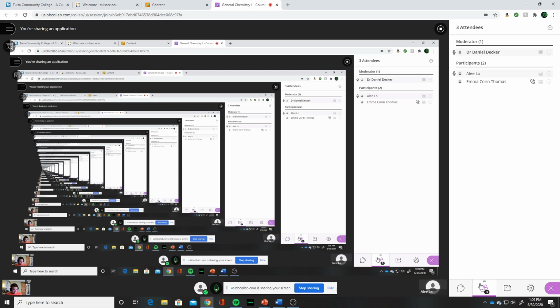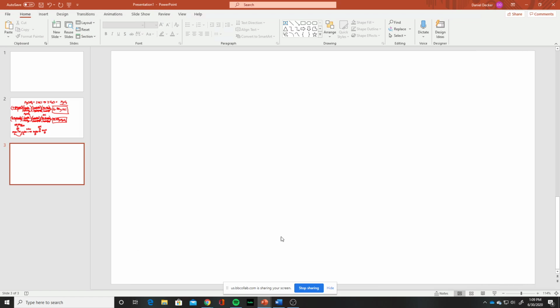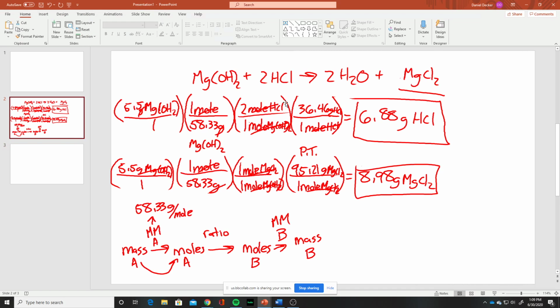Does that at least answer some of your questions? Yes. For me, I guess the part that really confused me was where to get the ratio part. Yeah, that is always just going to be from the balanced chemical equation. So in the example we had here, you're just looking at what 2 things am I comparing?